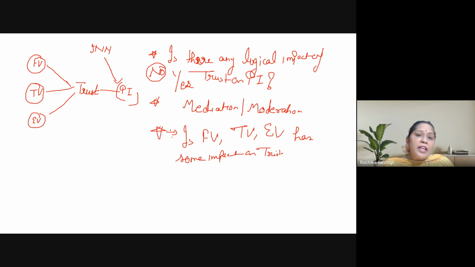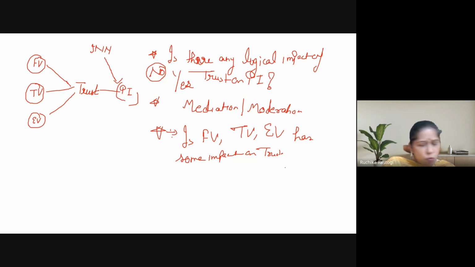Is that the emotional values create trust with the brand? Traditional, how traditionally the values are being transferred to purchase a good is also create a trust. What should be your answer? Is it should be yes or no?